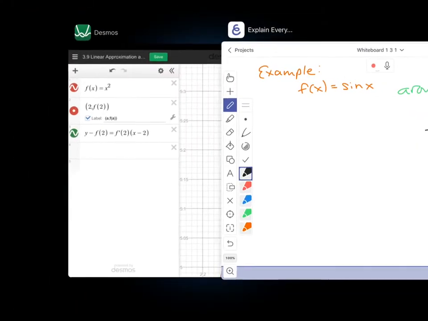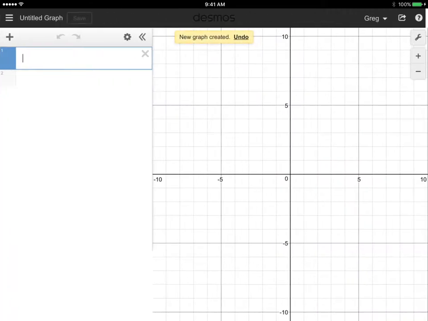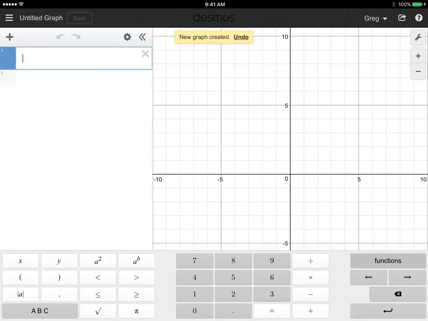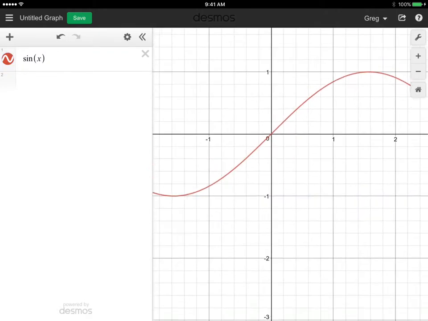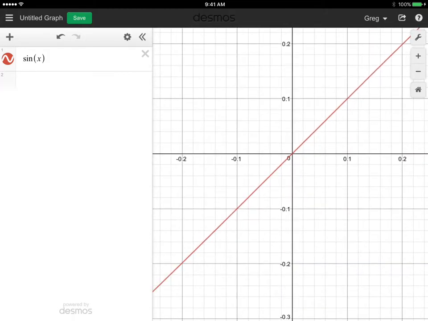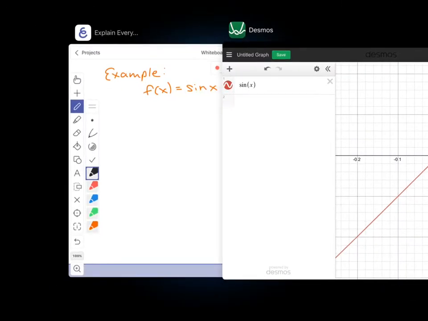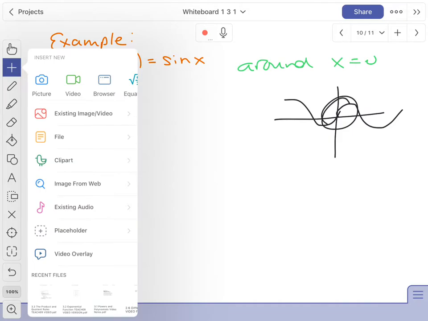So again, to visualize, we're going to go to our graph here. We'll start a new graph. We're going to type in the sine of x, and I'm going to zoom in really close to 0. What we can see here is as I get closer and closer to 0, this simply looks like a straight line around that curve. Now, it's not really a straight line, but in that area, if I get close enough to 0, it is a straight line.